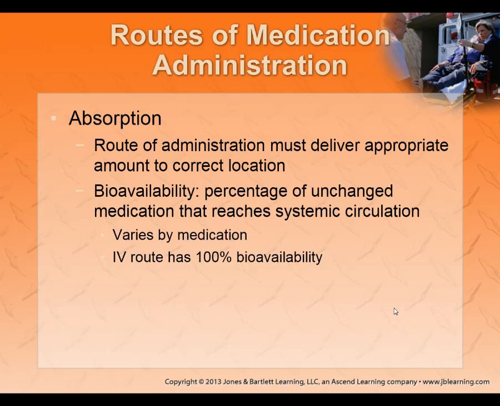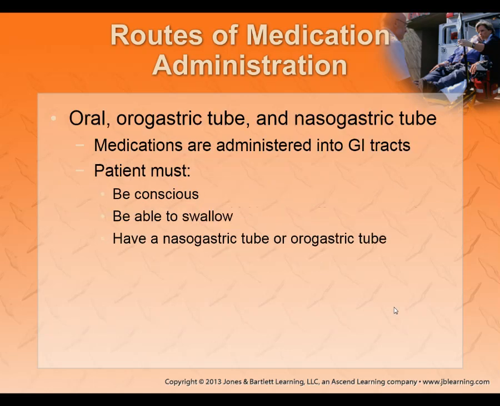It's a wet membrane, so it dissolves quickly and goes right into the bloodstream. So we get a higher concentration. So how a medication absorbs, the rate, and the amount of bioavailability are very important when we consider medications.